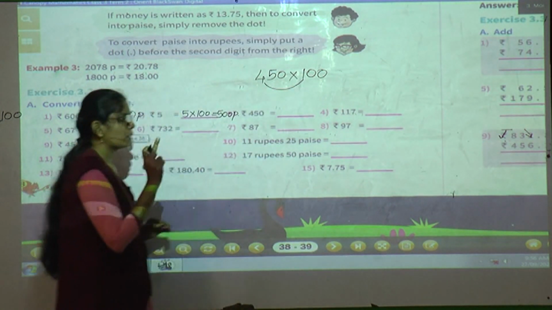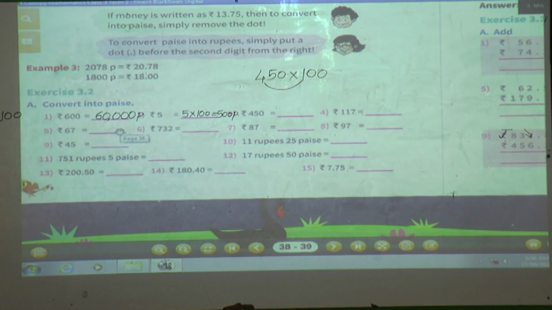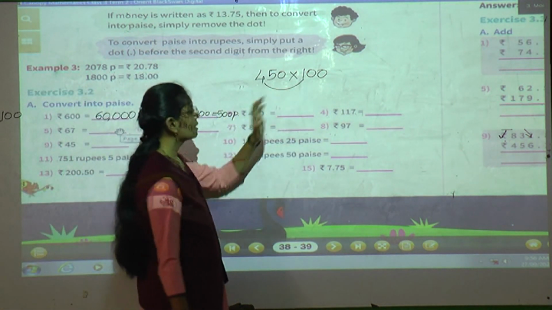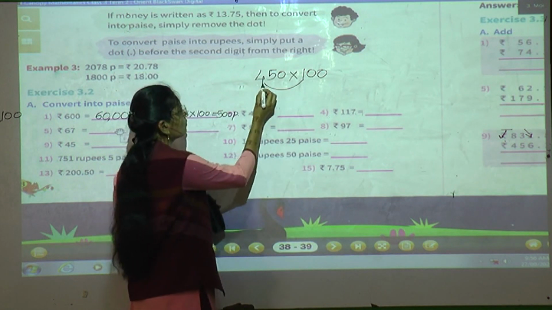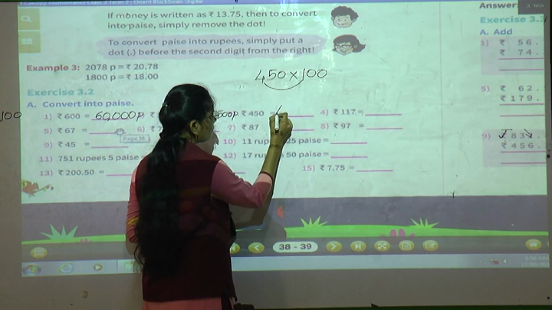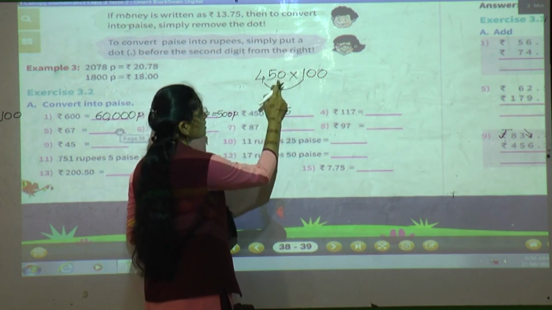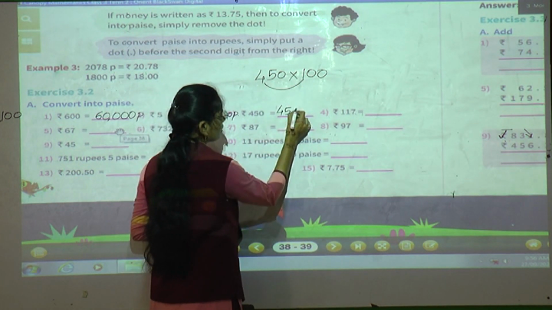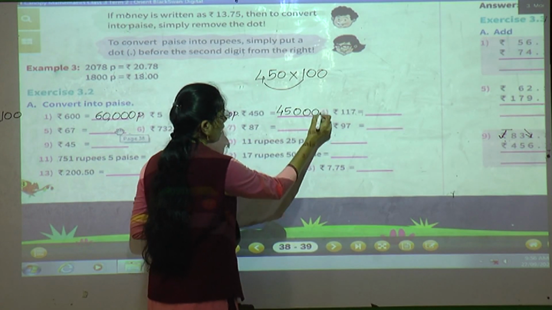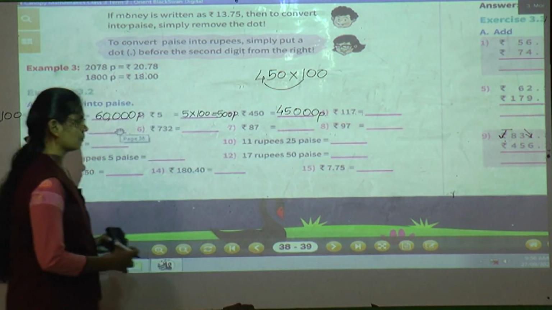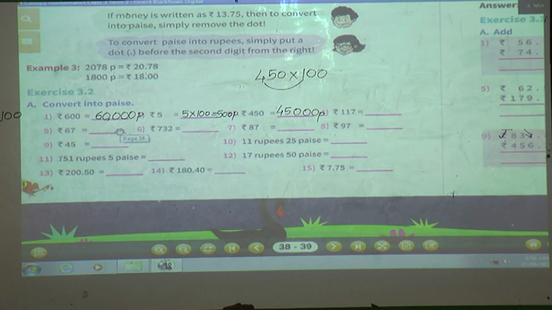If we multiply any number by 100, just multiply it by 1 and then give zeros to the right side. Then 45 into 1, 45 ones are 45. Then count how many zeros are there? 1, 2, 3. So give 3 zeros and the symbol for paisa. So rupees 450 is equal to 45,000 paise.